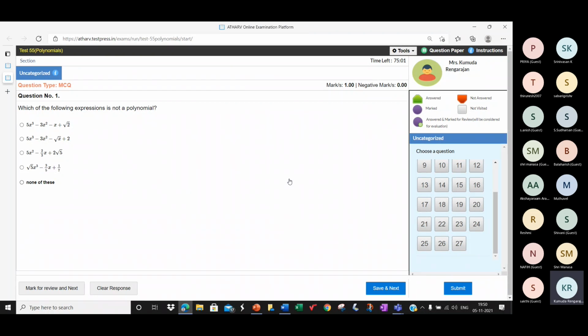Which term has a negative? In which term does the variable have a negative power? I mean, the second term, 5x minus 2x2, ma'am. Correct, but where is the power negative? In which term is the power of x negative? 5x cube minus 3x square minus root x plus 2. Everywhere it's positive only, no? There's no negative power.